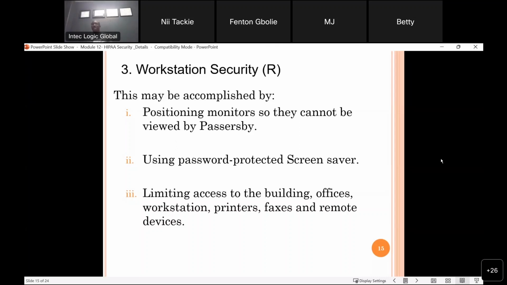You don't need to approve it before it prints. As soon as the fax comes, it prints. So if it is not in a secure room and somebody goes to that room, they will pick it up and go away with the information. So make sure those are kept in a secure room. So they are part of workstation security.